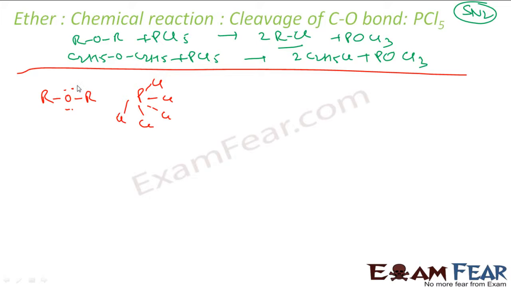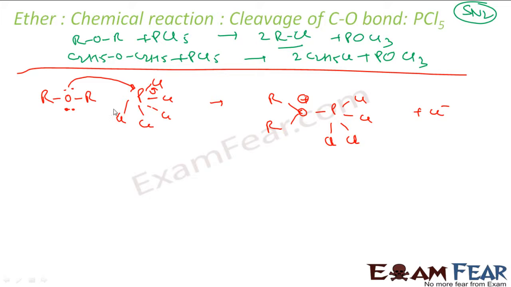This oxygen will give its electron to phosphorus, and phosphorus won't be able to hold much, so when chlorine comes out, since oxygen is giving electron, oxygen will get a positive charge. So with this, what you get is R, O with a positive charge, and P with 4 chlorine now. And one chlorine came out.